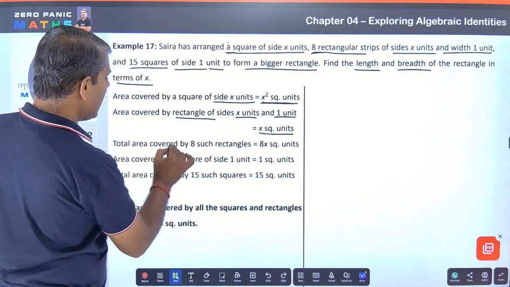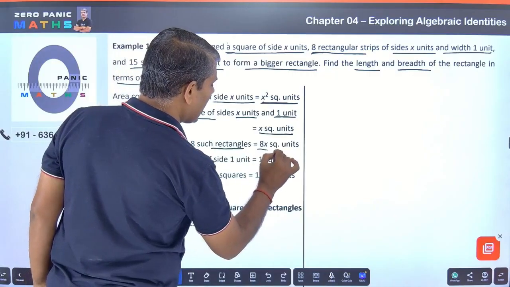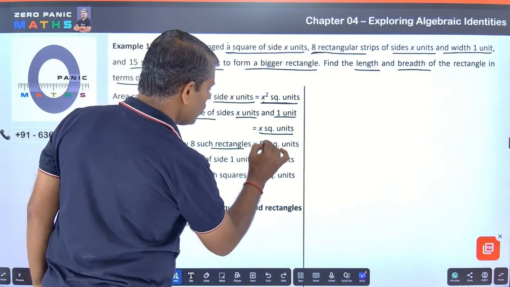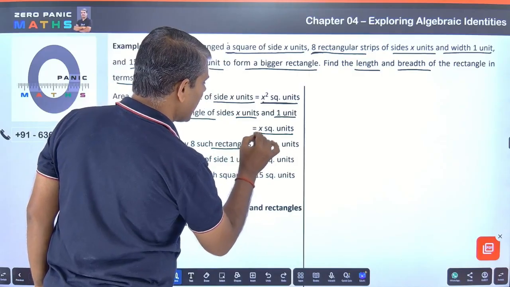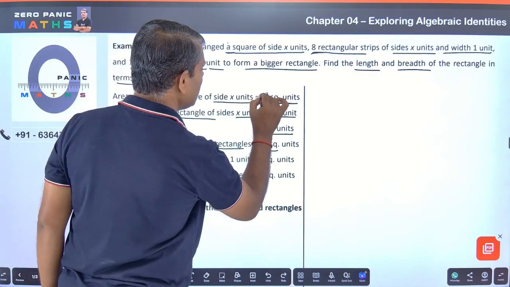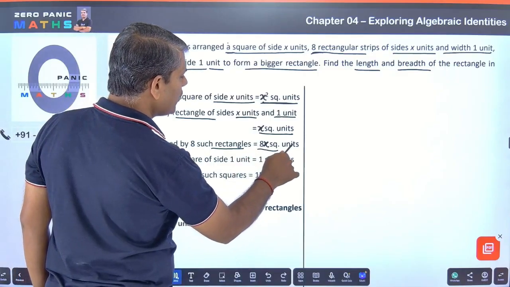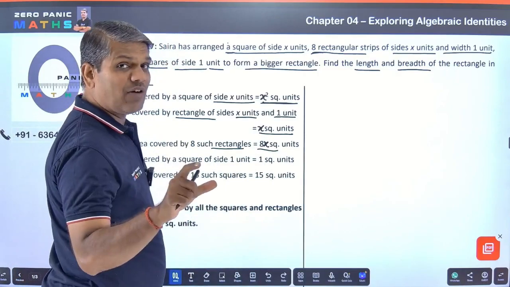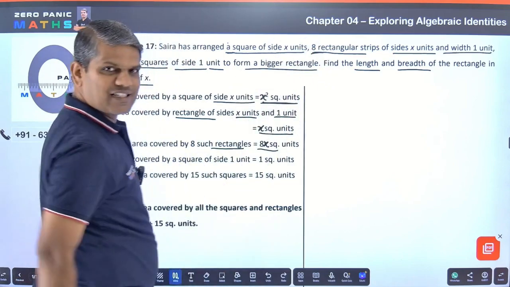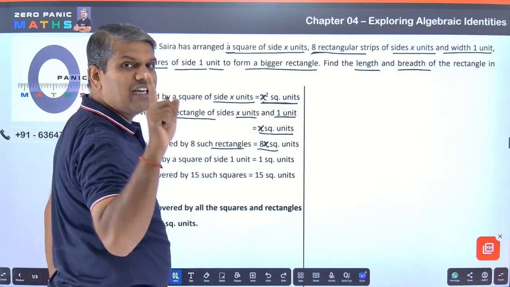So total area covered by 8 such rectangles is 8x square units. Don't confuse here, this is x, not a multiplication symbol. So 8x square units is the area covered by 8 rectangles, and x square is the area covered by 1 square.